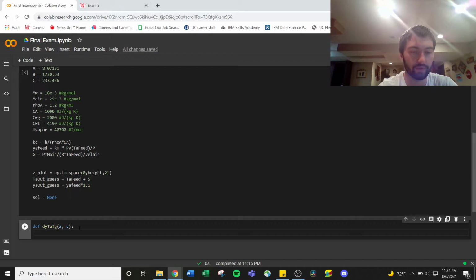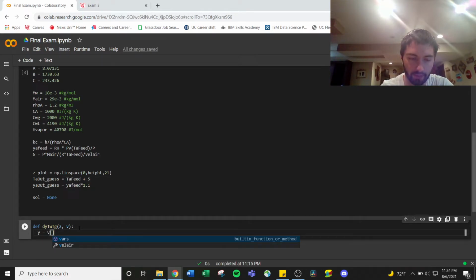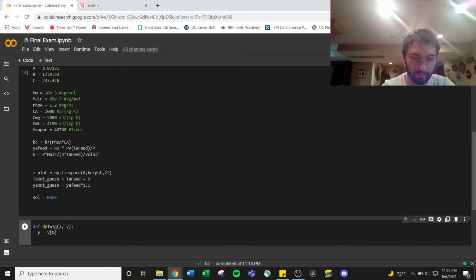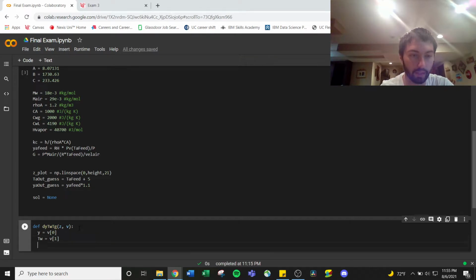So variable v is the placeholder for our initial guesses, and we'll do it in the order we named the function, so y will come first. So we'll say y is our first element in v. W is going to be our second element in v. And temperature of the gas is going to be our third element in v.